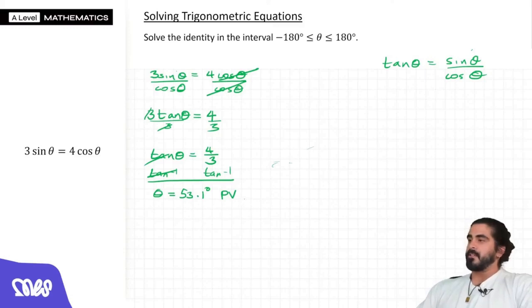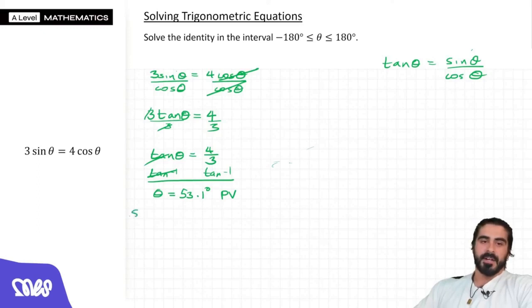Next thing is, remember, we're not using CAST diagrams here. What did I say? To work out the secondary value for tan, we do 180 plus 53.1.